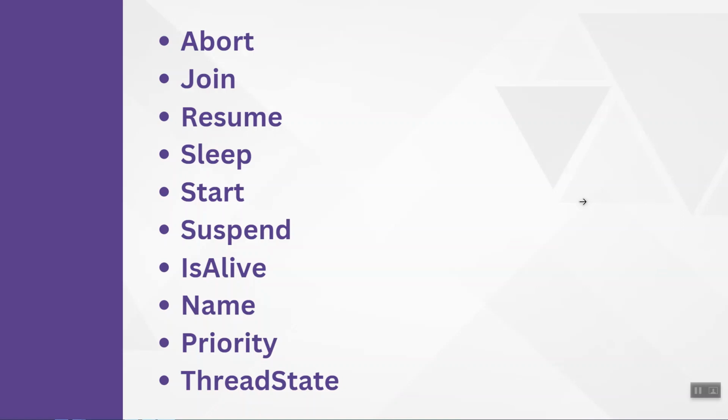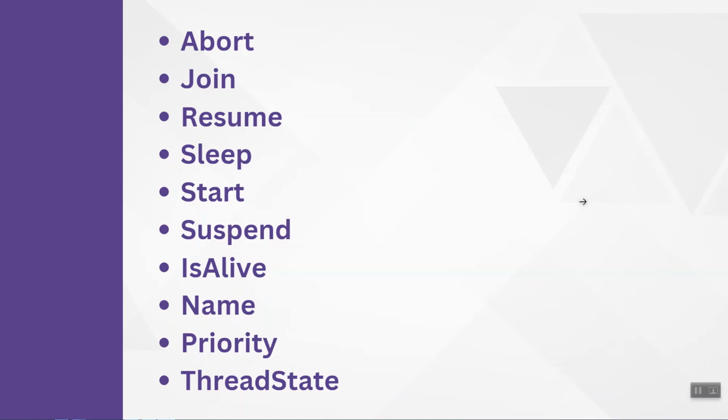Then, the Start method. This Start method causes the operating system to change the state of the current instance to the running state. Then, the Suspend method. This method will either suspend the thread, or if the thread is already suspended, has no effect. IsAlive.